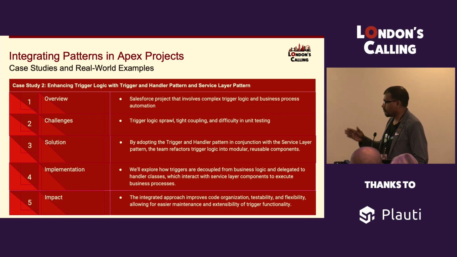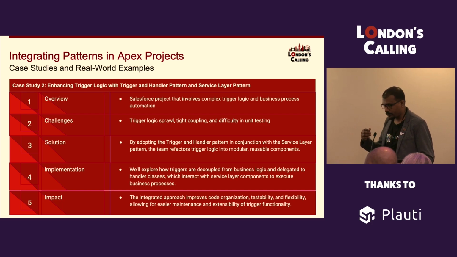In the implementation, we need to see how these triggers decouple the business logic and delegate to handler classes. The impact we get from this solution is improved code organization, testability, and flexibility of the solution, and it allows us to maintain the system more easily.